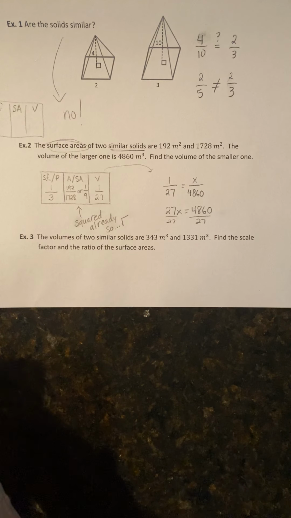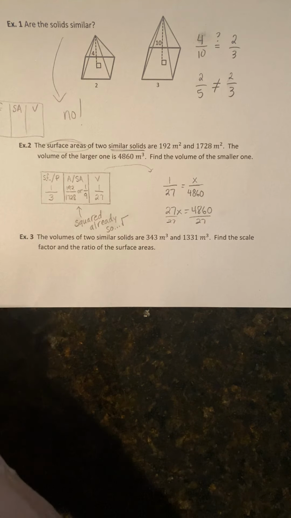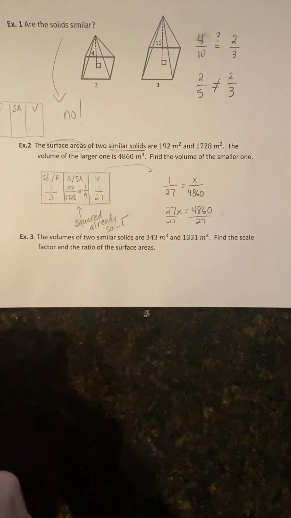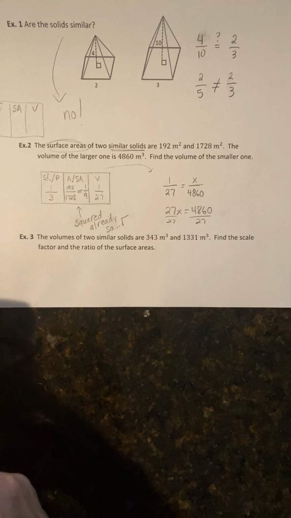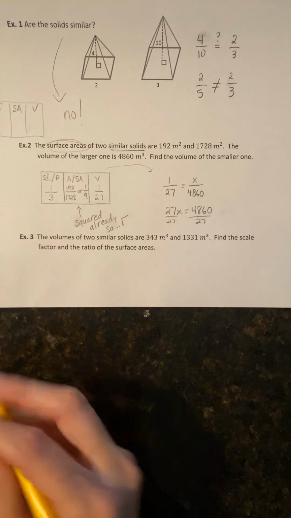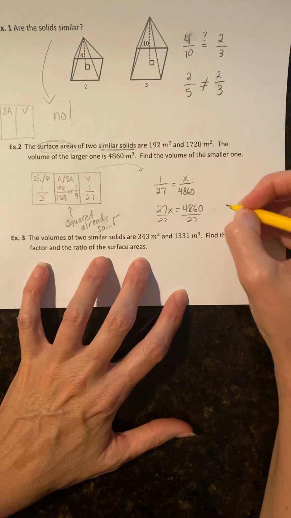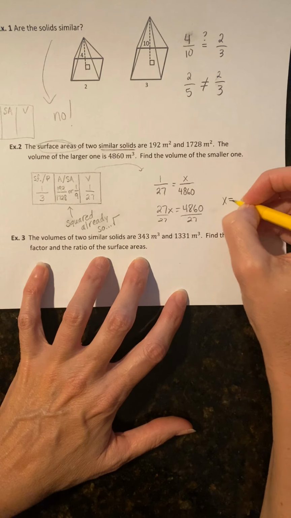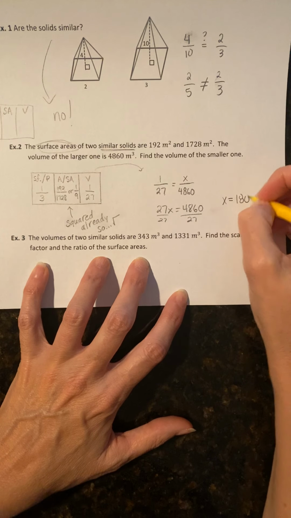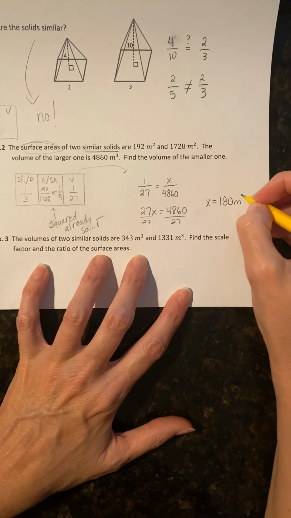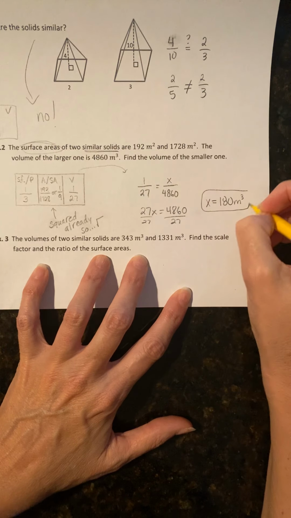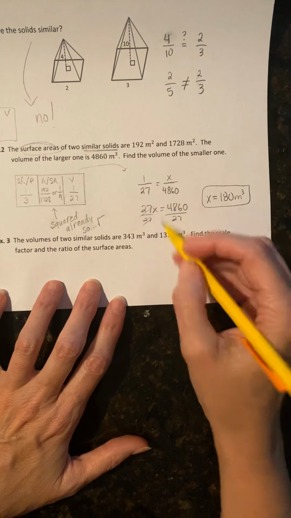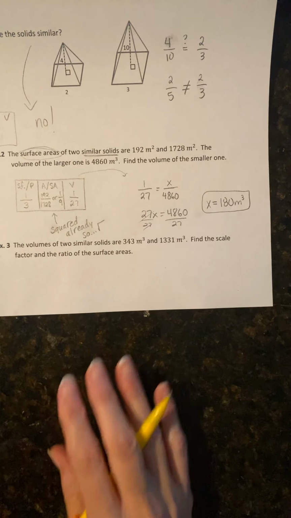Now, I think, just personal opinion, I think this process is kind of complicated. So it takes a little bit of time and thinking, so try not to rush through these problems. So when I solved that, I got 180 meters cubed.